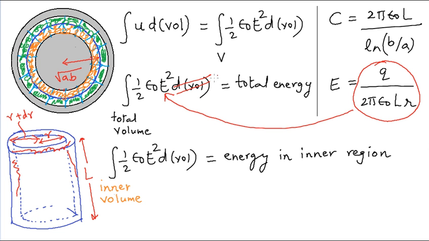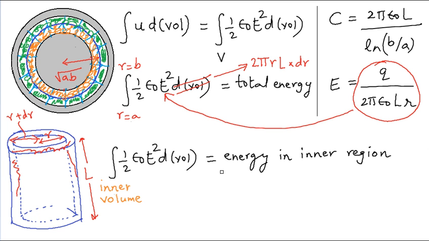Clearly this volume would be 2 pi r multiplied by L multiplied by dr. Since we are integrating over the total volume, the limits of the integration would be r equal to a as the lower limit, and r equal to b as the upper limit. So that in short is the way to find the total energy in the gap.